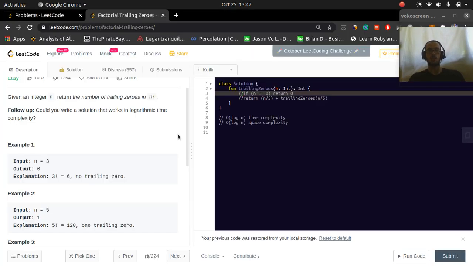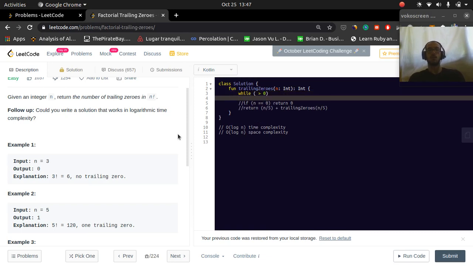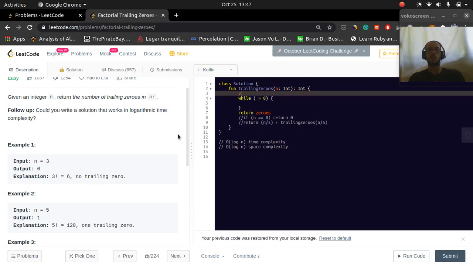Okay, so while something is greater than 0, keep going, and after it equals 0, we're going to return zeros. So we'll make a variable called zeros, set it equal to 0, and we need a writable variable, we'll call it remainder, and set it equal to n.